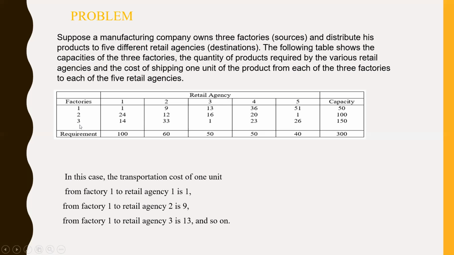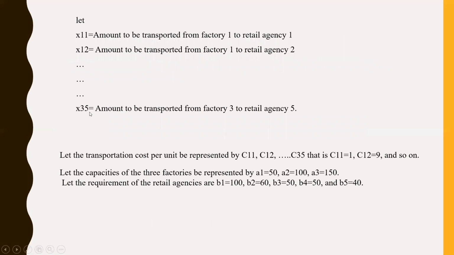Then from factory 3 to retail agency 2 it will be x32. Then factory 3 to retail agency 5 will be x35, the amount to be transported from factory 3 to retail agency 5.